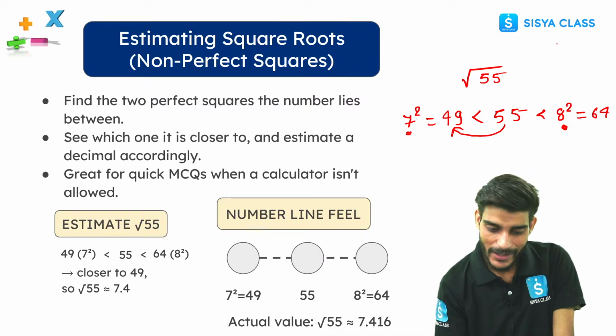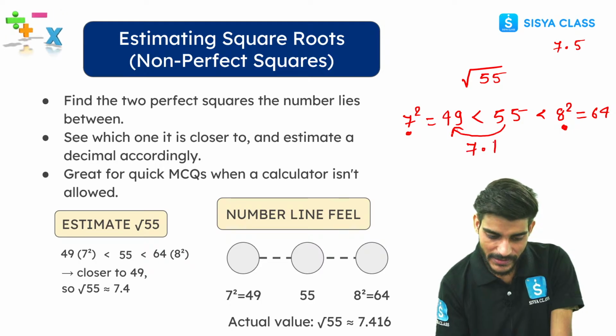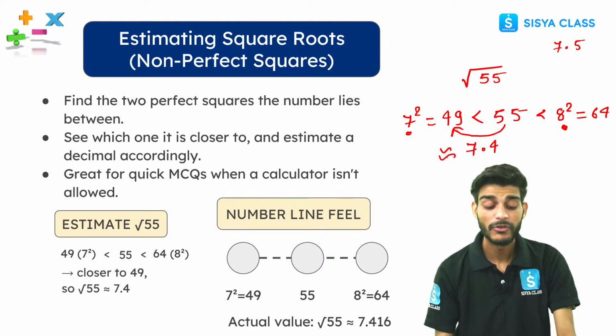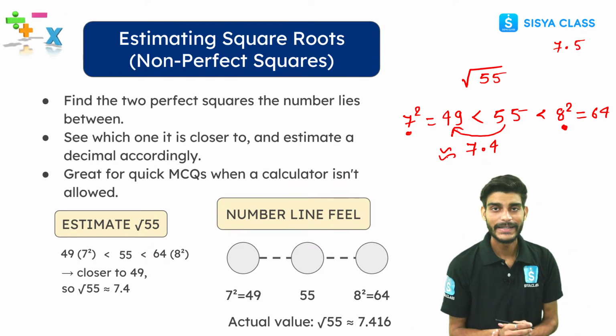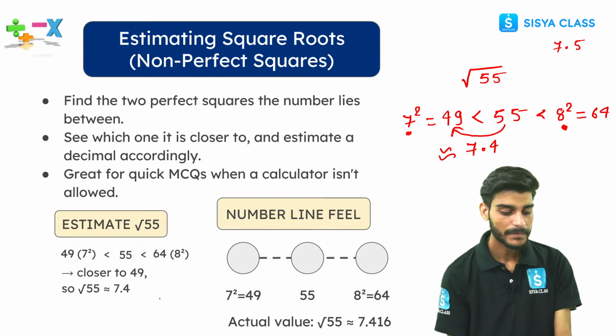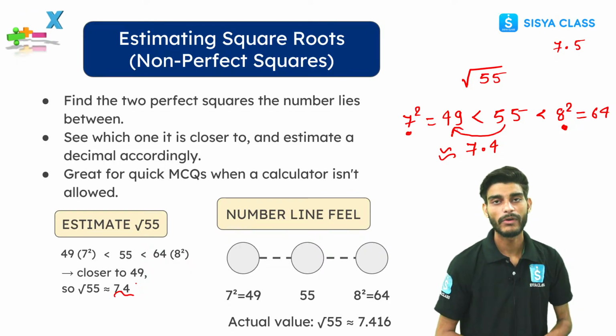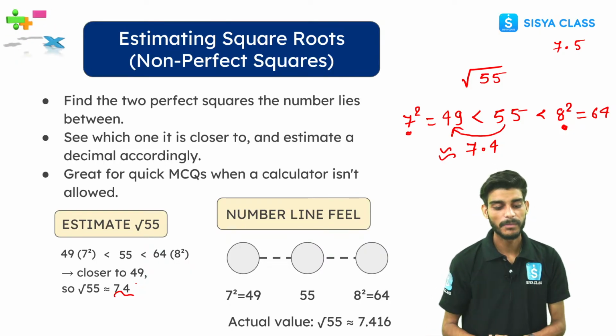It means the square root will be less than 7.5. So its square root is approximately 7.4, if you approximate to one digit after the decimal. This is how you estimate square roots when the number is not a perfect square.